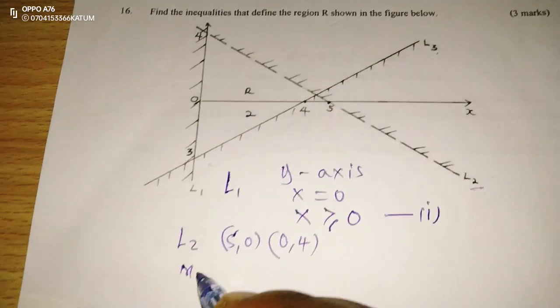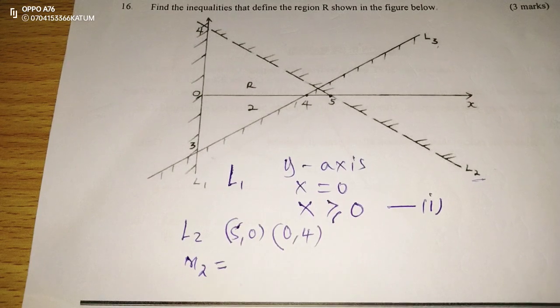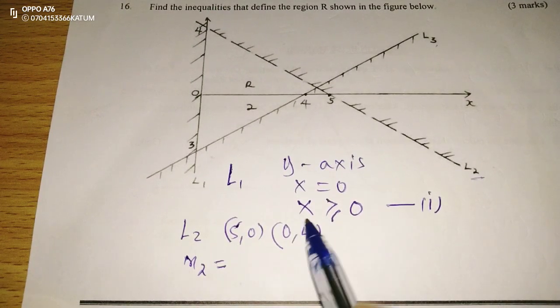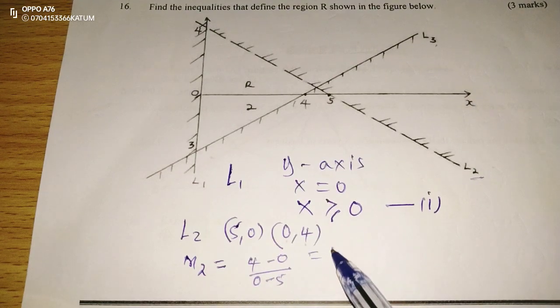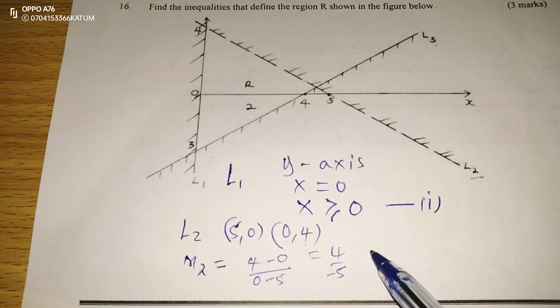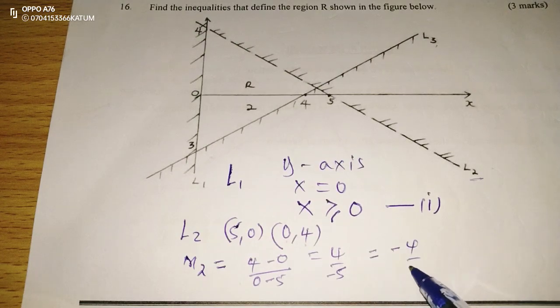Then we get its gradient. So the gradient of L2, we can call it M2, is going to be (4 minus 0) divided by (0 minus 5). So this is 4 divided by negative 5, which is negative 4 out of 5.